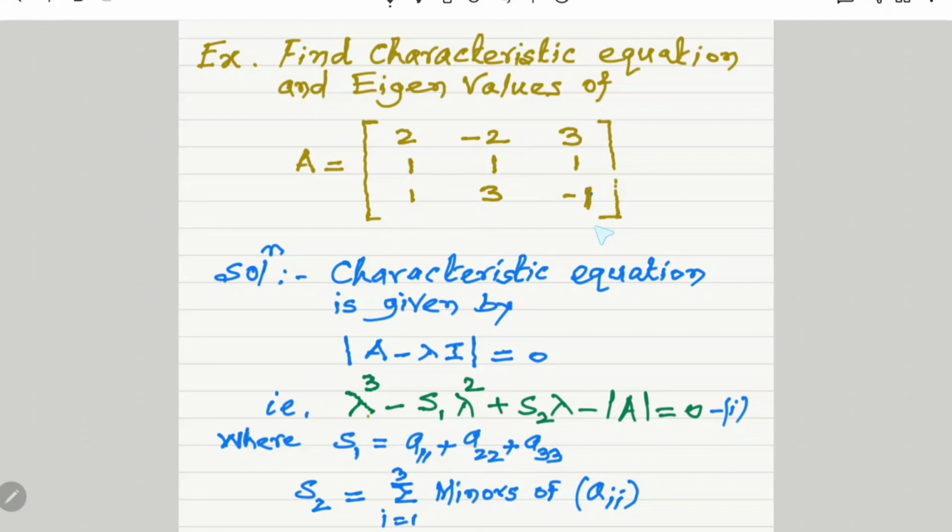If we take a sum of this, it is the value of s1, and s2 is the sum of the minors of the principal diagonal element, means we have to obtain the minor of a11, minor of a22 and minor of a33, and if we take a sum we get the value of s2, and the third one is the determinant of A. And if we substitute all these values in equation 1, we get the required characteristic equation.